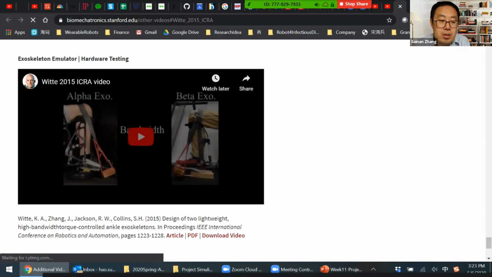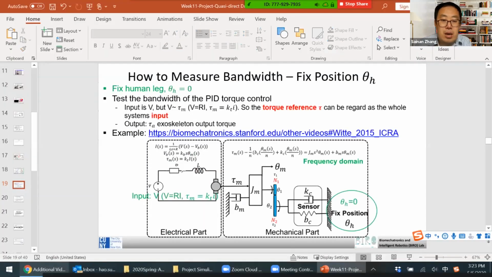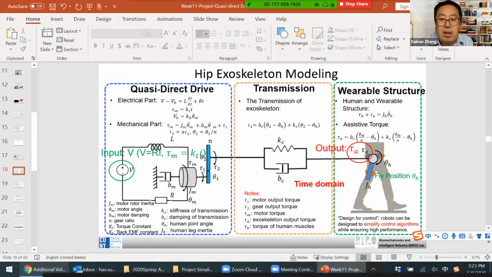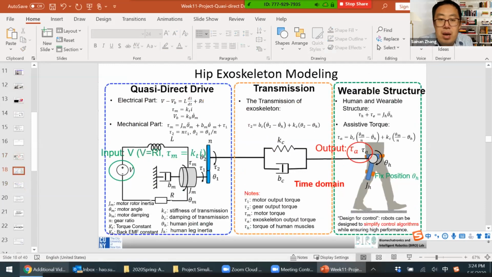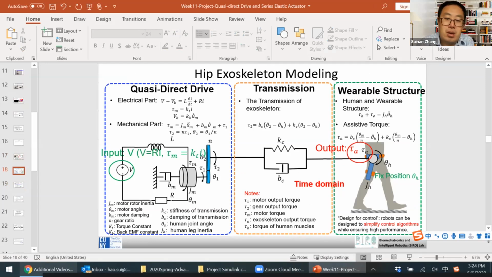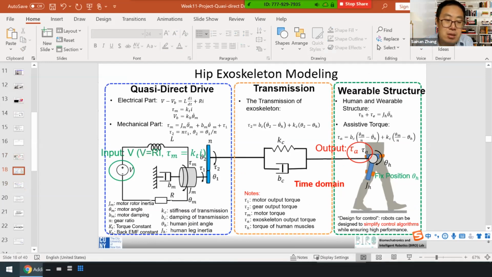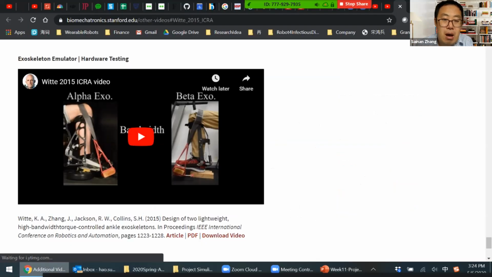So, maybe let's go back to this diagram briefly. You can see in this diagram, we want to understand the bandwidth, right? And so basically, we want to get rid of the person's influence on the system. We only want to look at the robot's performance, basically the robot bandwidth, right? So let's look at this video together.